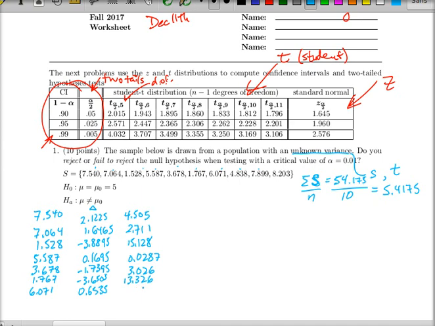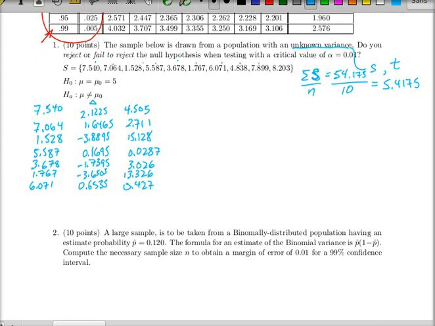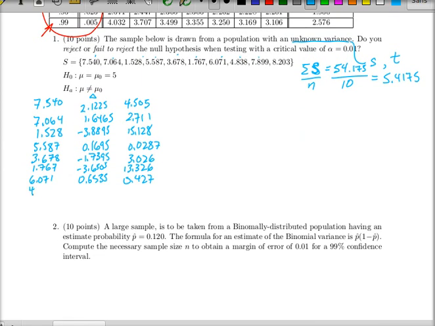Square that. 0.427. Add that to the memory. 4.838 minus 5.4175 equals minus 0.5795. Square it. 0.336. Add that to the memory.